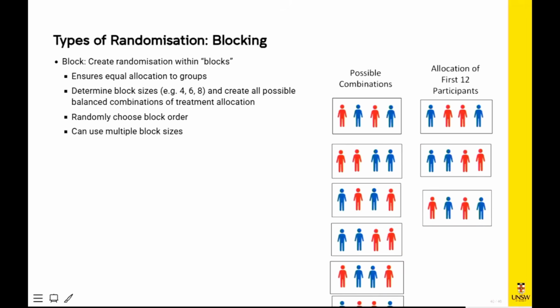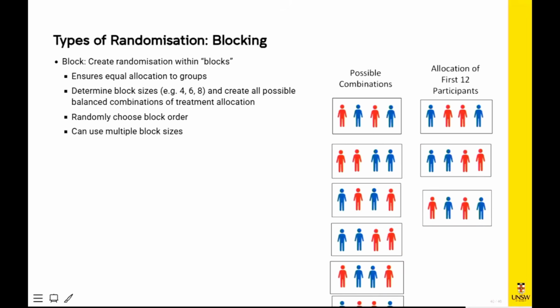So if I'm a researcher and I get to that 4th person, when I do it like this, I know that the first person was a blue, the second person was a red, third person was a red. So that means that the 4th person has to be a blue because there's equal allocation in my blocks of 4. But if I have different block sizes, I don't know if that 4th person is the 4th person in a block of 4, or it could be the 4th person in a block of 6.